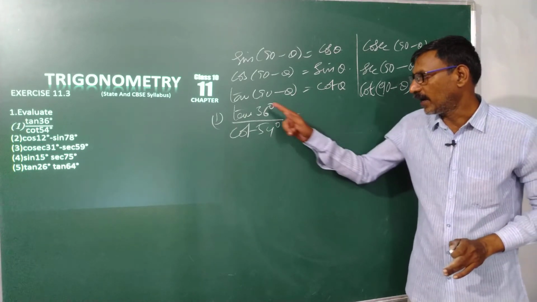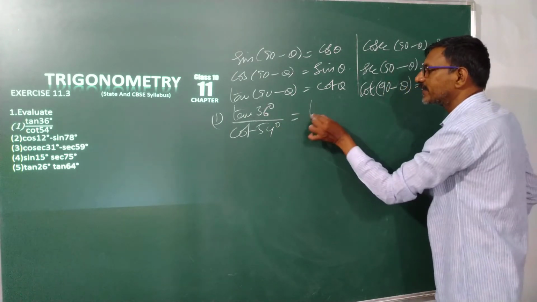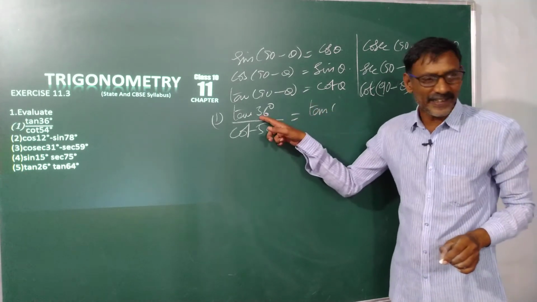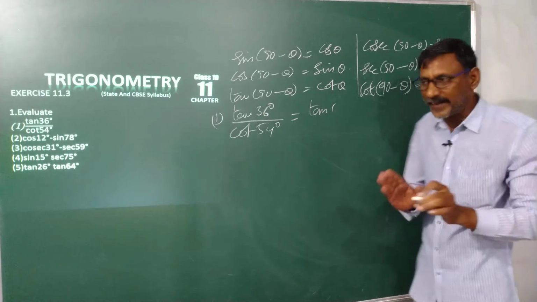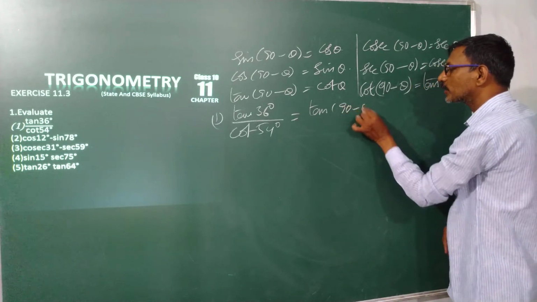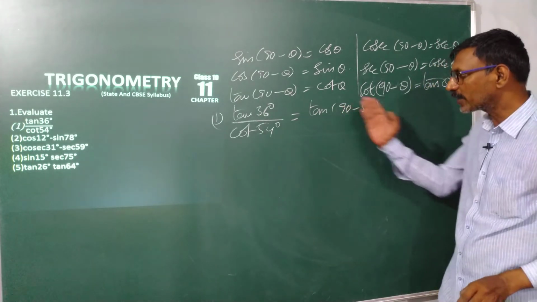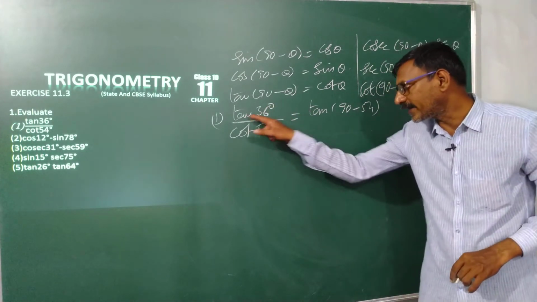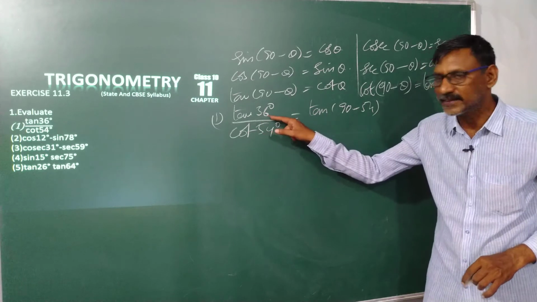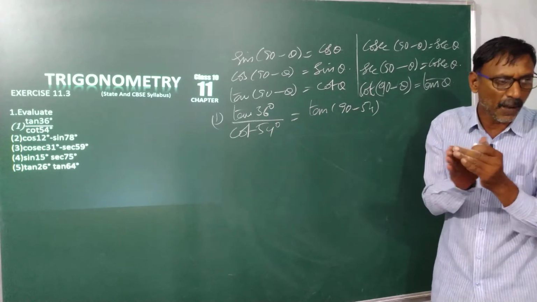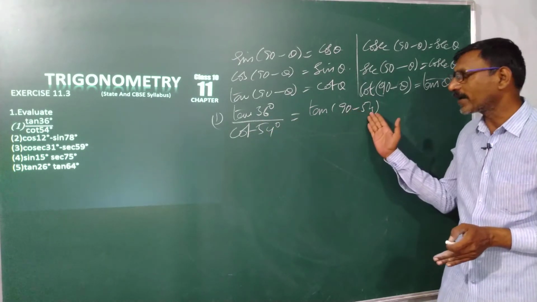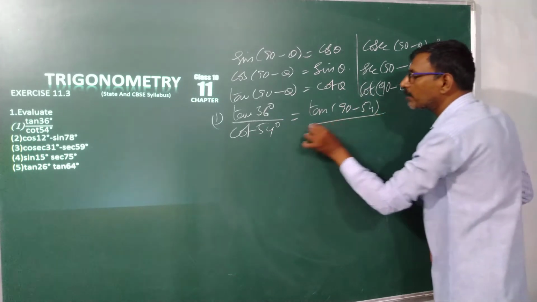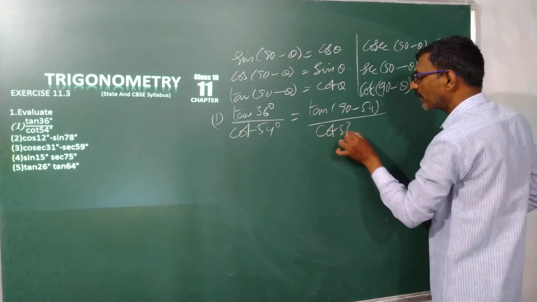I would like to write tan as it is first. The 36 degrees I would like to write in terms of 90 minus 54. 90 minus 54 is 36. I take tan as it is, and 36 I write as 90 minus 54, which is nothing but 36 only, divided by cot 54, which I write as it is.